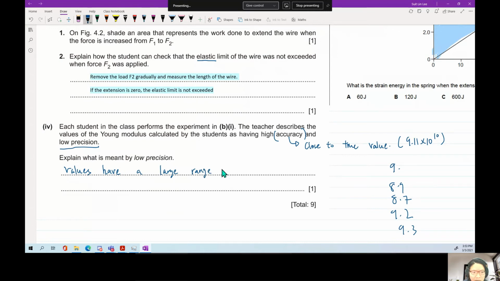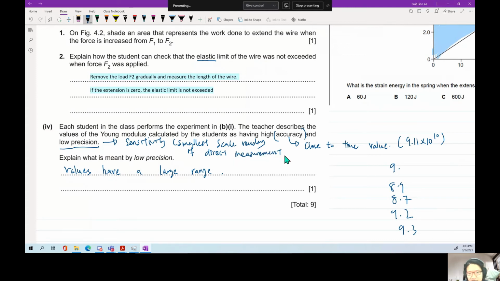range. Okay, because you cannot say it has a large sensitivity, because sensitivity is related to the instrument. So you can discuss sensitivity, which is the smallest scale reading, if it's a direct measurement. But we don't measure the Young modulus directly, right?